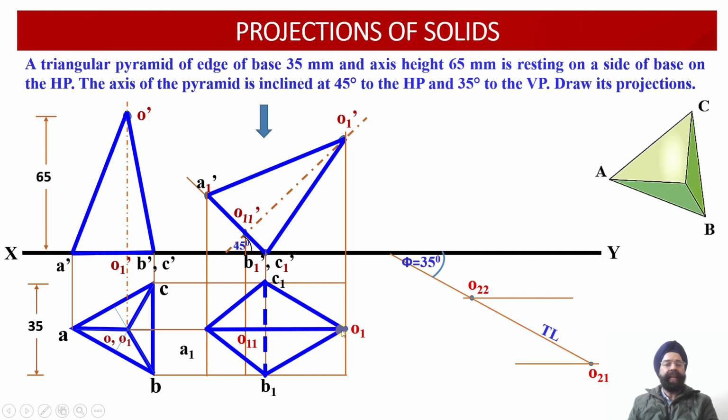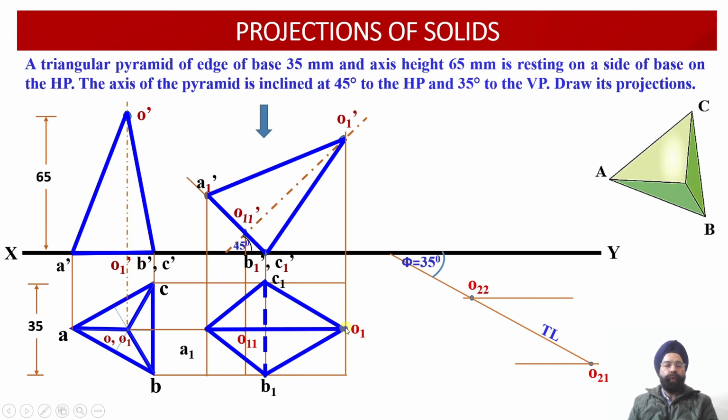This is the basic fundamental of the principle of rotation of the line. So from point O11, now we are going to measure this apparent length of the axis, which we need to measure.